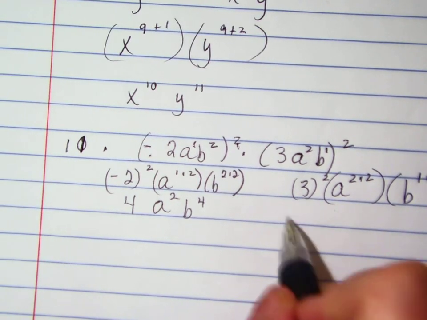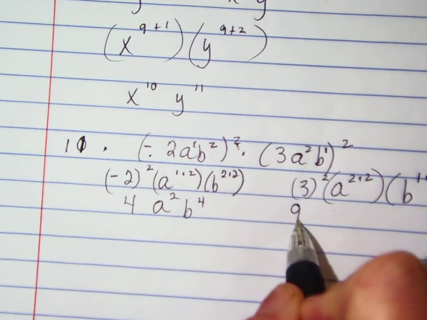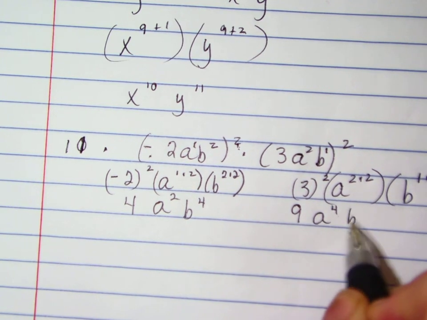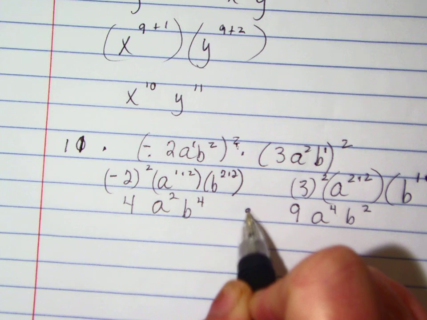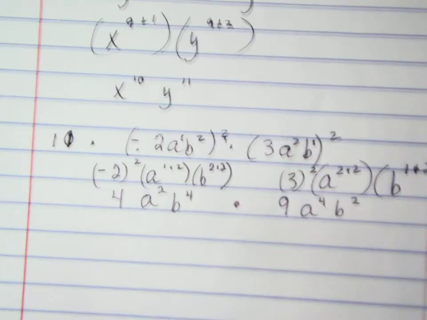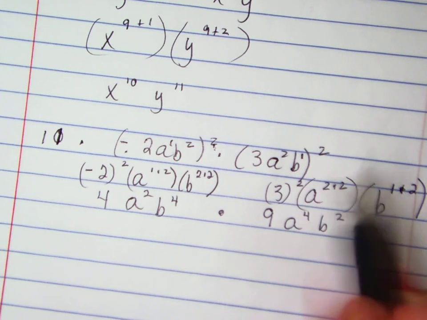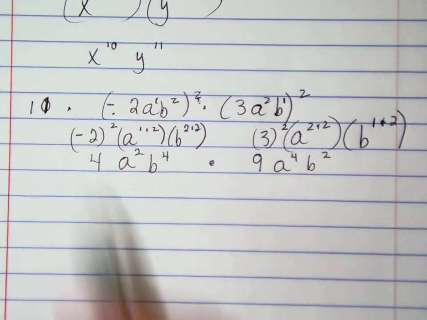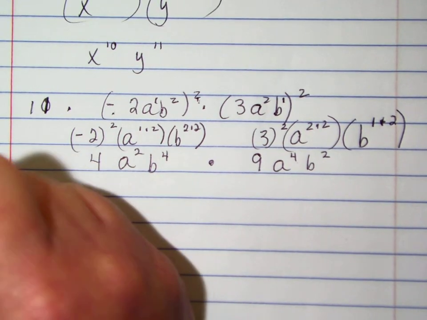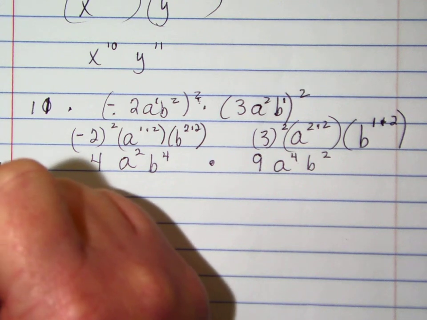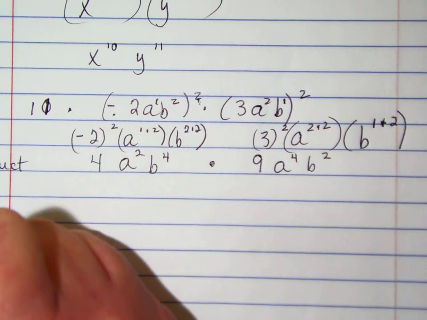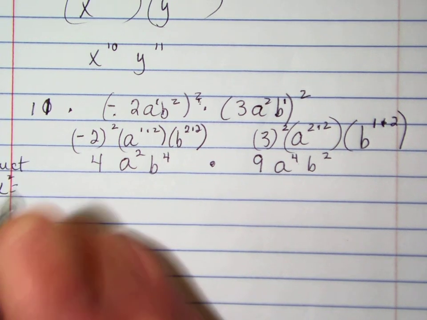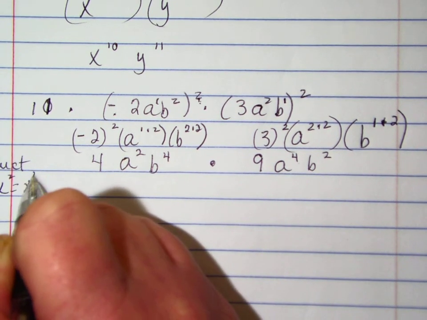So when we work this out, 3 squared is 9, a to the 4th, b to the 2nd. So now we've done our power to a power. We've done the powers of monomials rule. Now I've got to do the product rule here. Okay, and the product rule says that if you're multiplying two numbers, you simply add.